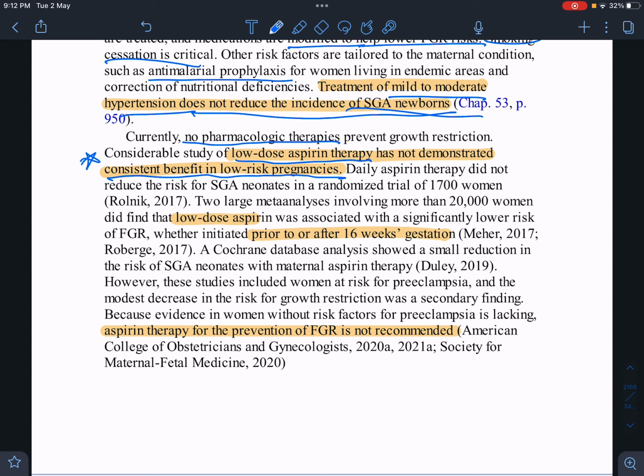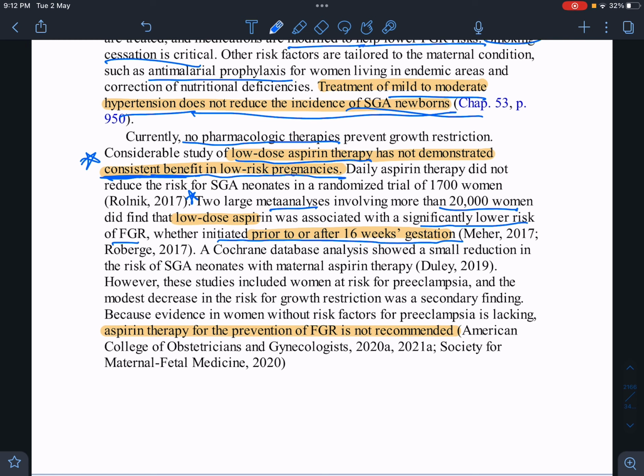there's no consistent benefit. One, you can see, 2 large meta-analyses were done over more than 20,000 women and did find that low dose aspirin was associated with a significantly lower risk of FGR, whether initiated prior to or after 16 weeks. So although study after study has not proved this, they did 2 meta-analyses and found that, whether started prior to or after 16 weeks of gestation, there is a significantly lower risk of FGR.